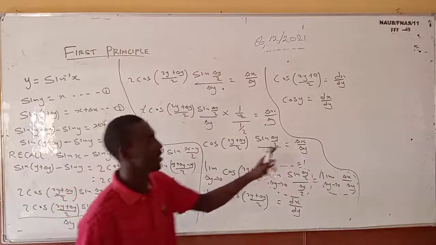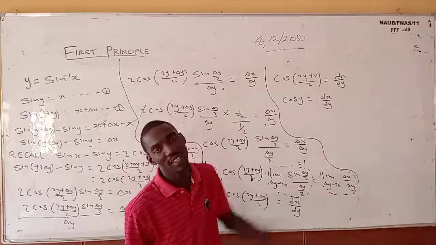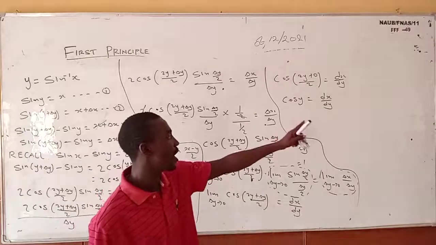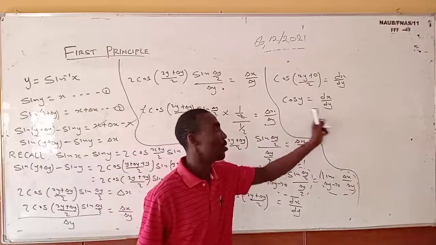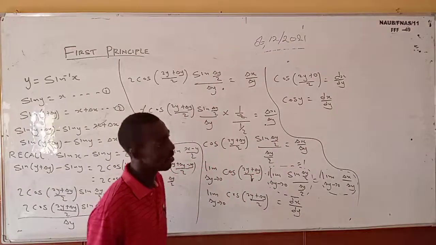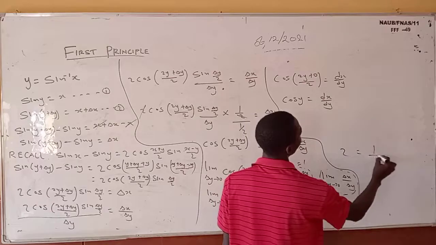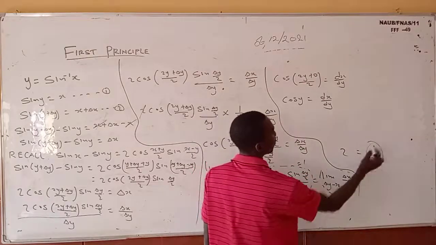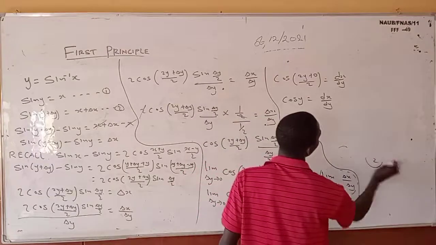But on a normal day, we ought to have dy over ds, not ds over dy. So for us to have dy over ds, we have to take the reciprocal of both sides. When we say reciprocal, what's the reciprocal of 2? The reciprocal of 2 is 1 over 2. Do you get that? And the reciprocal of 1 over 2 is 2. So we take the reciprocal of both sides.